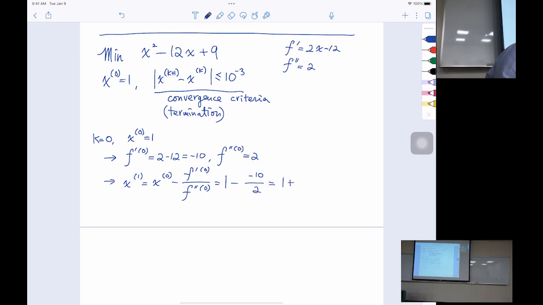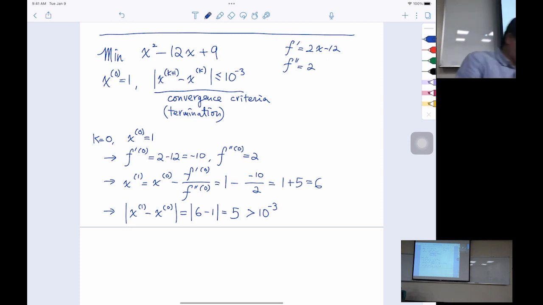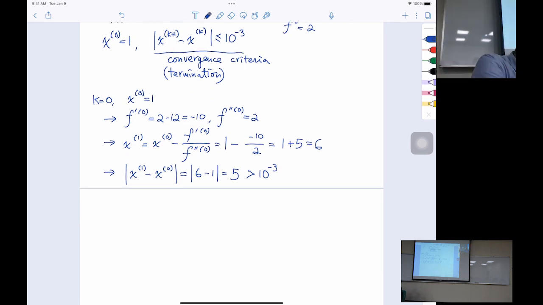So 1 plus 5, that is 6. Then I need to do a convergence check. x1 minus x0, I need to evaluate this value. This would be 6 minus 1, that is 5. It's over 10 to the -3. It's not converged yet. I need to do it again.